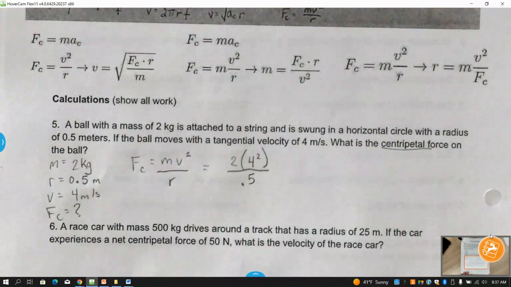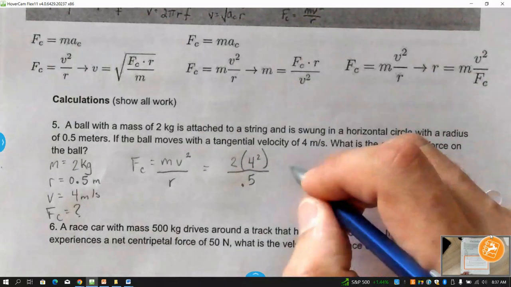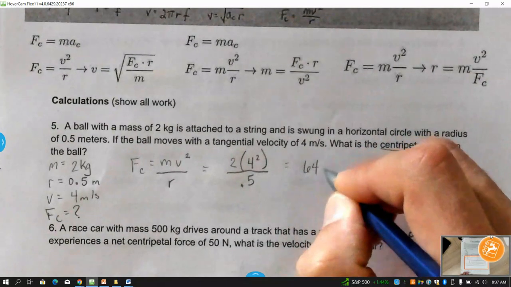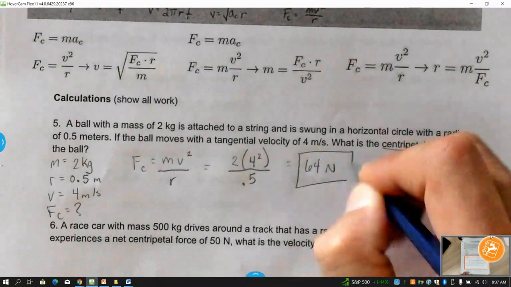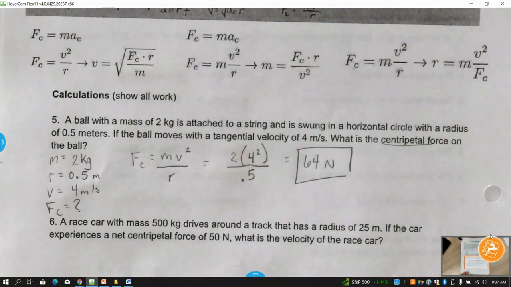So 4 squared, 16, double it, 32, divided by 0.5, which will double it again. 64 newtons.